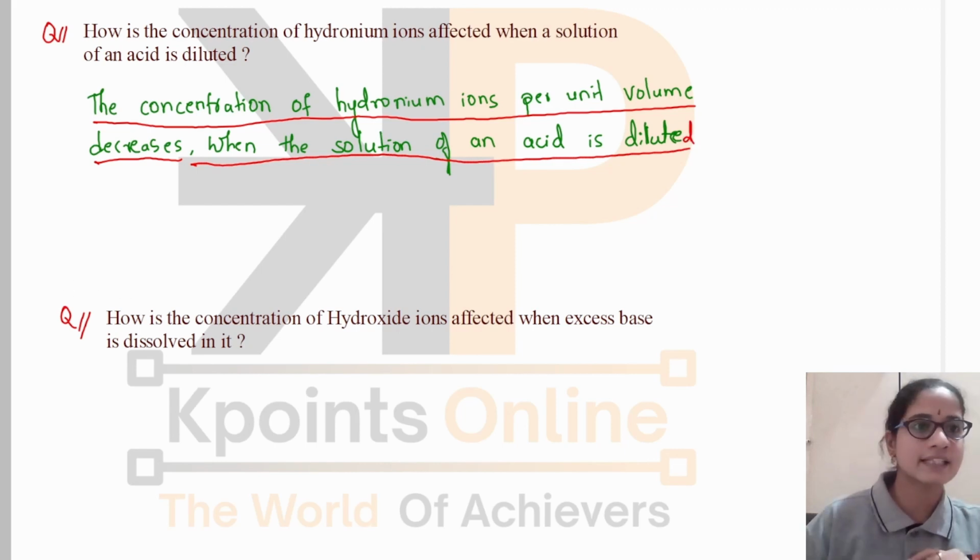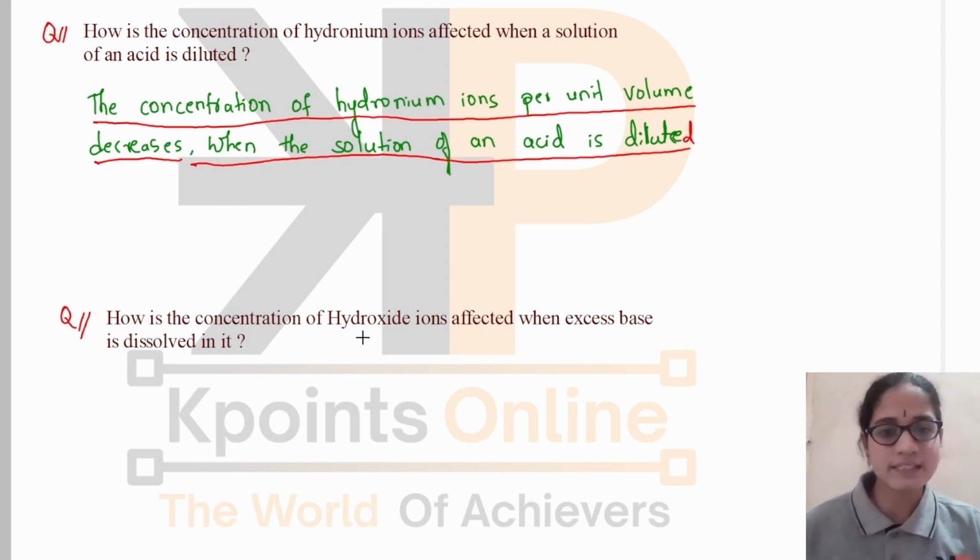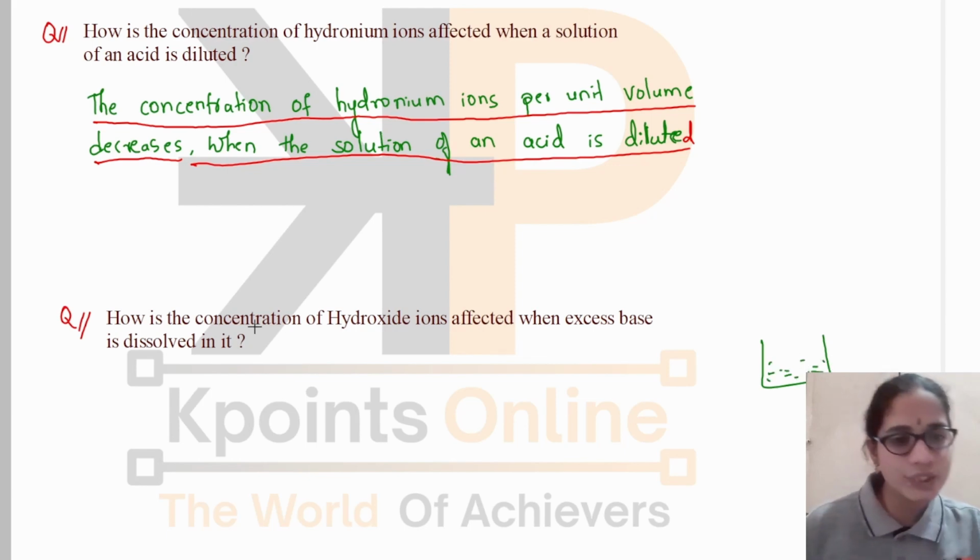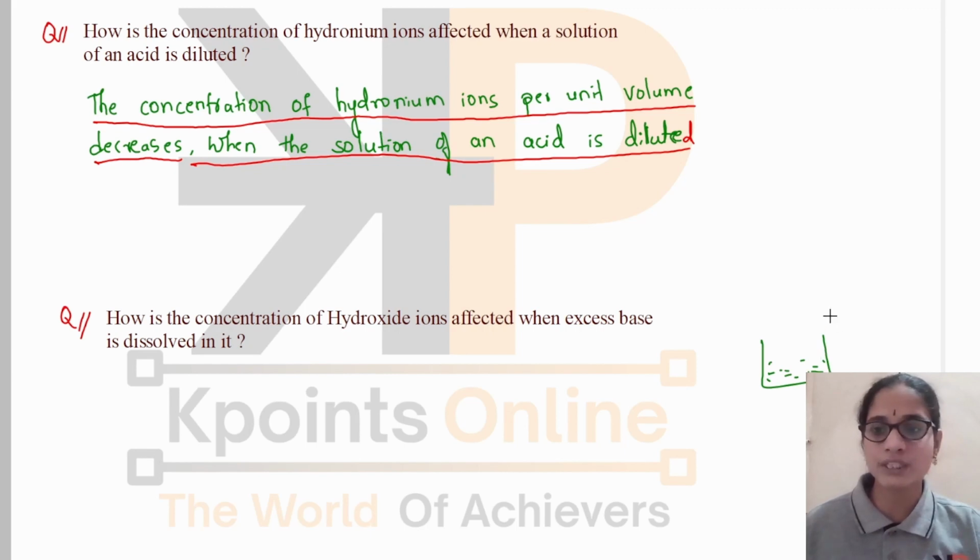Then next question. How is the concentration of hydroxide ions affected when excess base is dissolved in it? We have the solution of base here. Now what we are doing is, when excess base is dissolved in it, we have the same solution, and again I am adding base to it. What happens there? Still more hydroxide ions are produced.